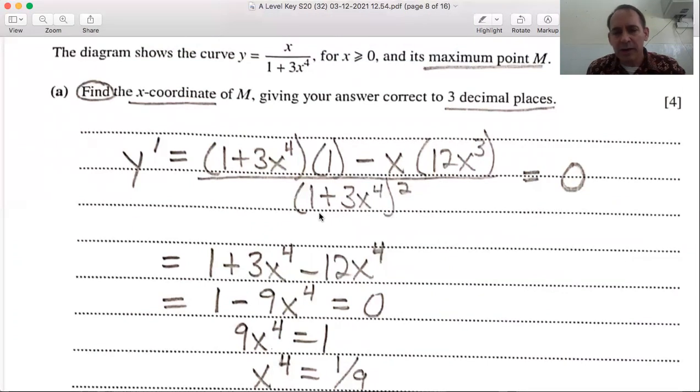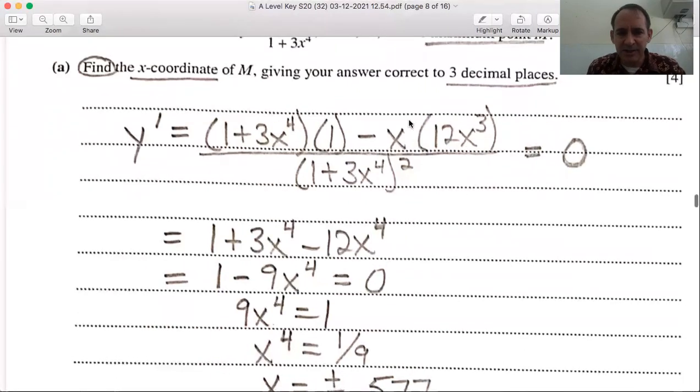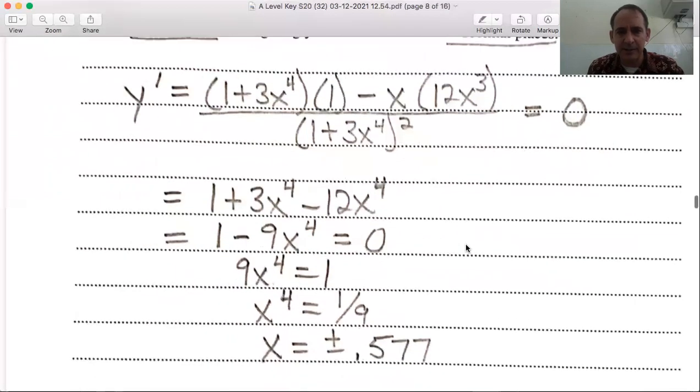So it is okay in this fractional situation where the numerator is equal to 0 that you don't have to worry about the denominator. You can cancel it out into the 0, multiply it to the other side. Normally, like I mentioned before, you want to be careful eliminating a variable. In this case, it is okay because it's the numerator that's equal to 0, not the denominator.